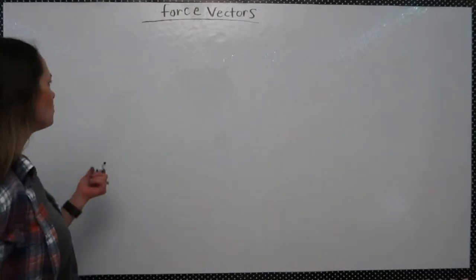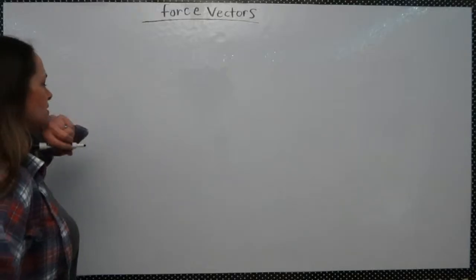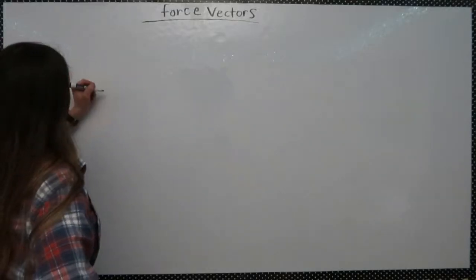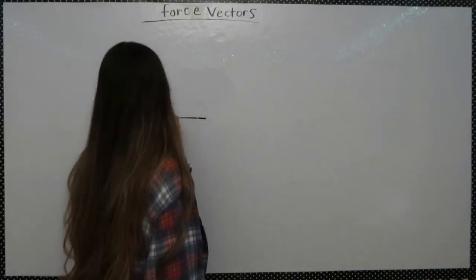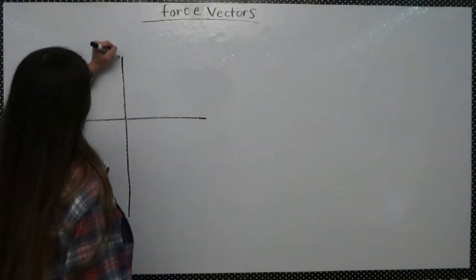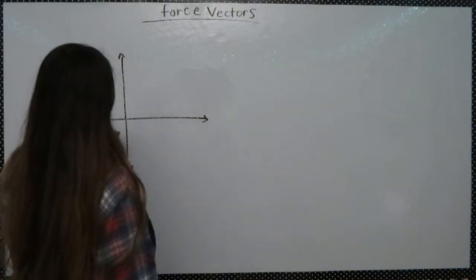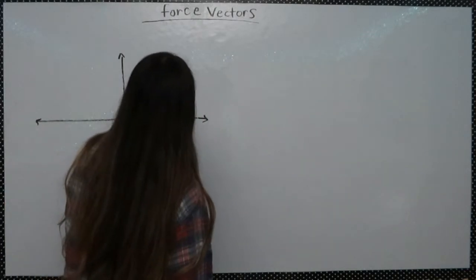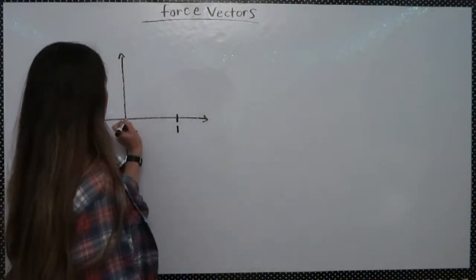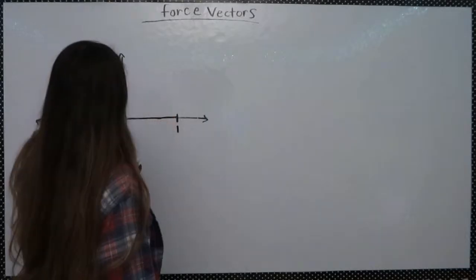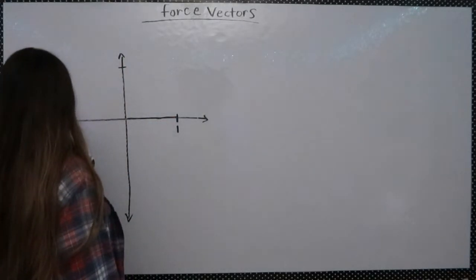All right, so when you're talking about a vector, I'm going to start with the Cartesian coordinate system. If we take the Cartesian coordinate system and we recall that if we have a radius of 1, then that makes the unit circle.